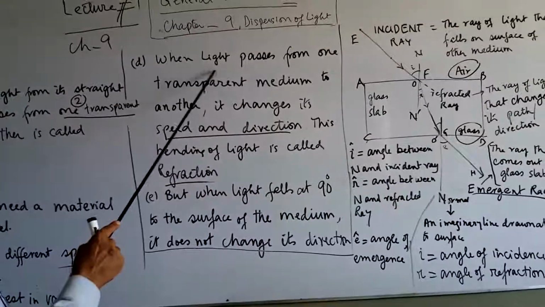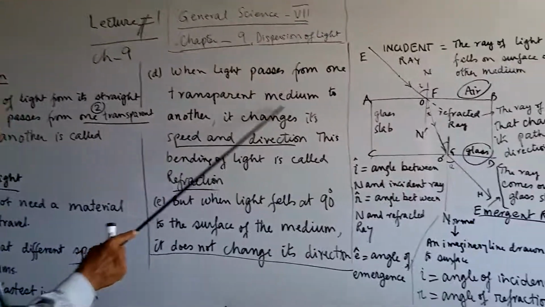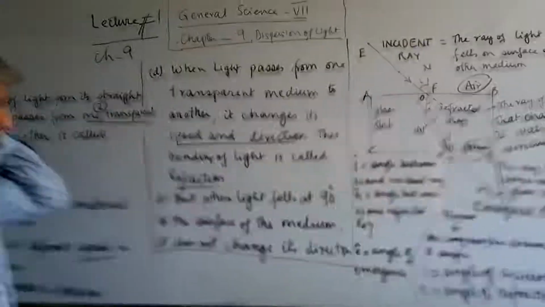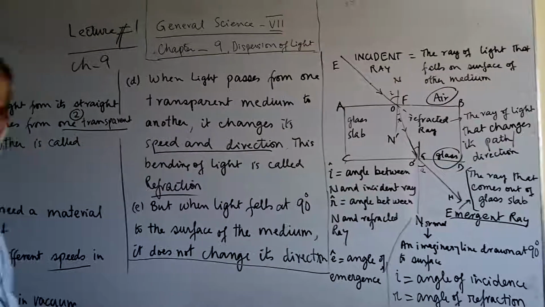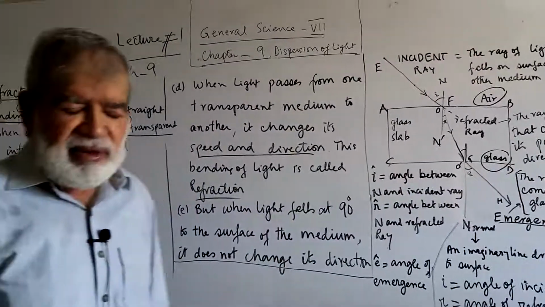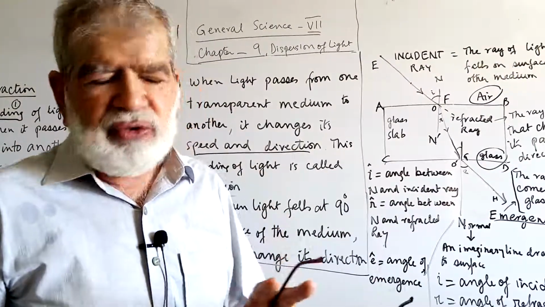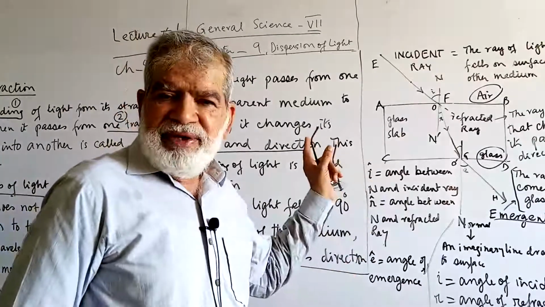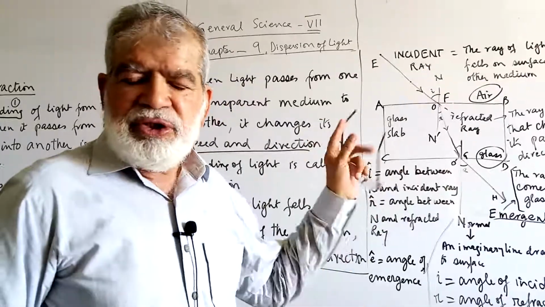चौथी प्रॉपर्टी इसकी क्या है? When light passes from one transparent medium to another, it changes speed and direction. This bending of light is called refraction. So refraction phenomena में दो चीज़ें होती हैं. Two things occur. One, bending of light. Two, change of speed.